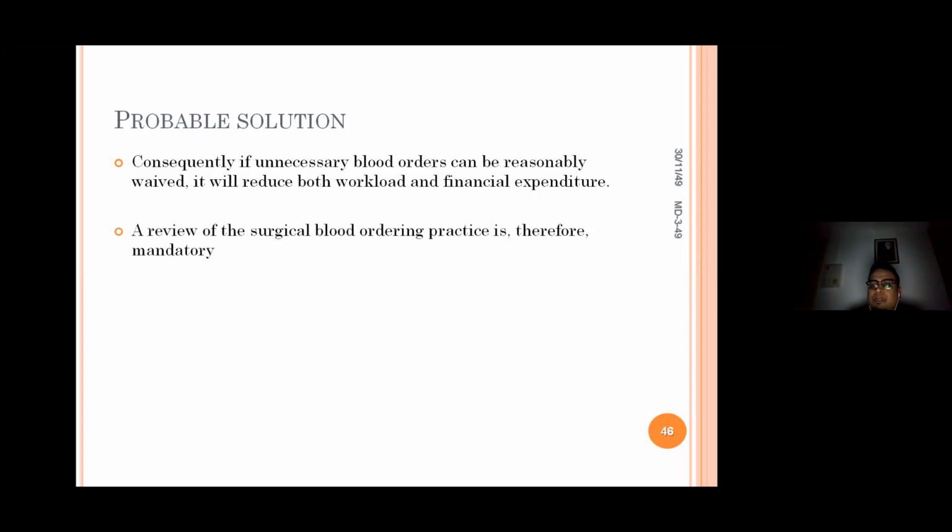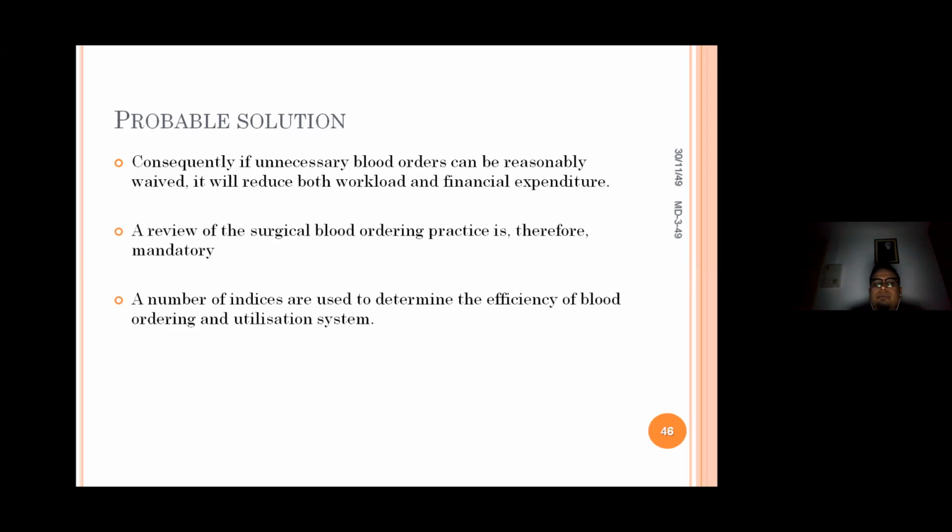We have to review what is being practiced in the institution. A number of indices are used to determine the efficiency of the blood ordering and utilization system. To review the ordering practice from the surgical wards, we use certain indices.